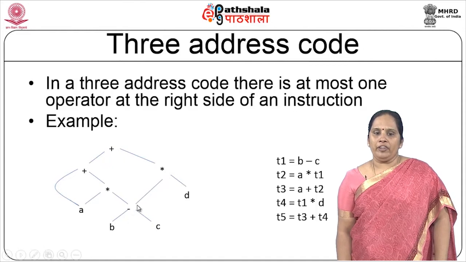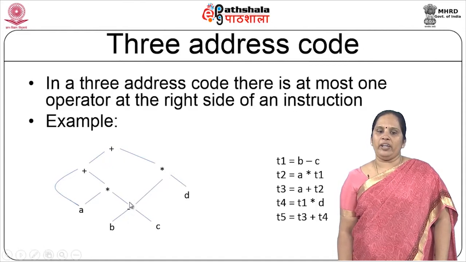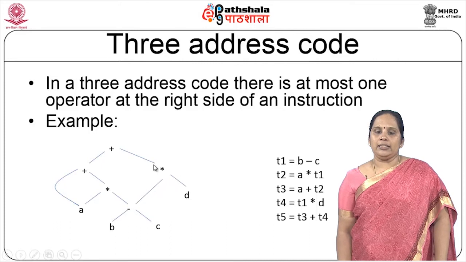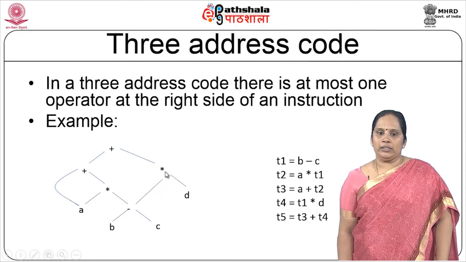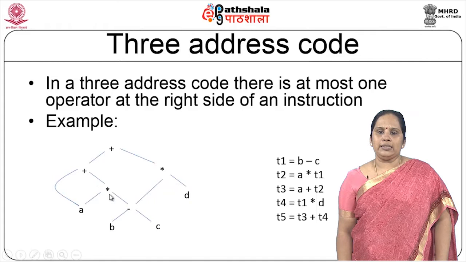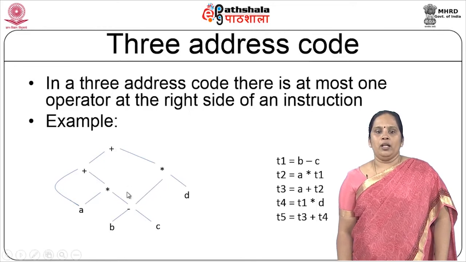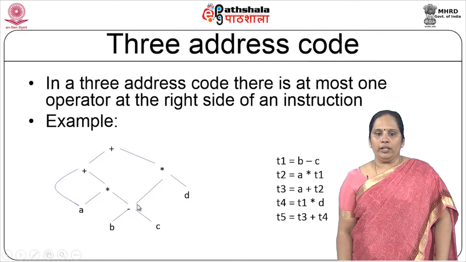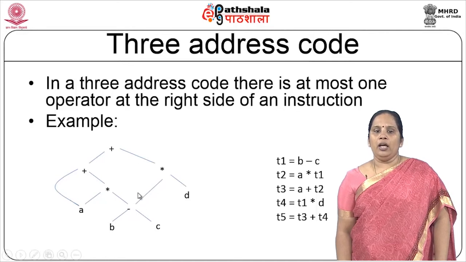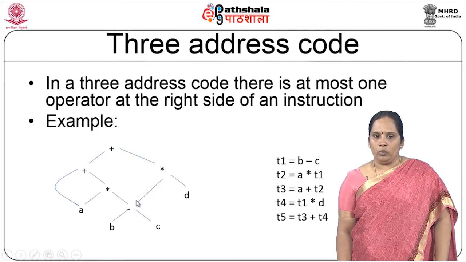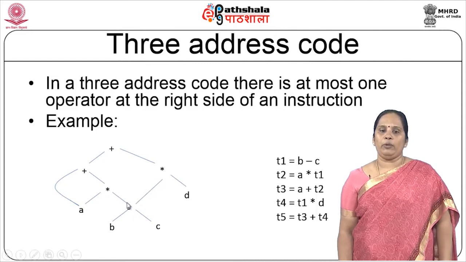So I am referring to this particular node as temporary variable t1, this as t4, this as t2, this as t3, and finally this as t5. As you can see, t1 is nothing but b minus c, similarly t2 is a into this node, but this node now has a name, which is t1.